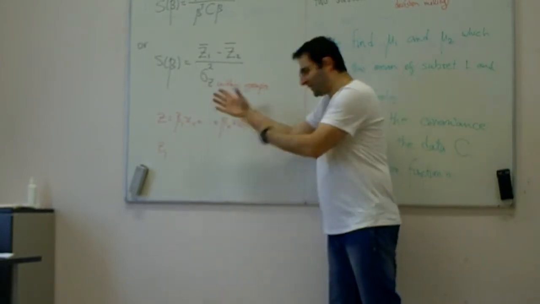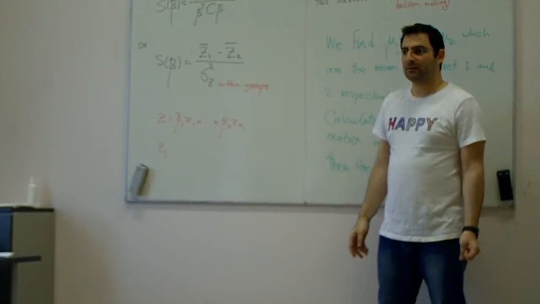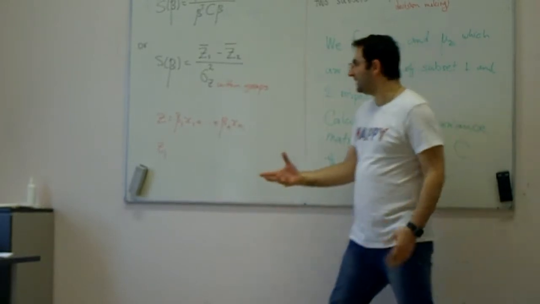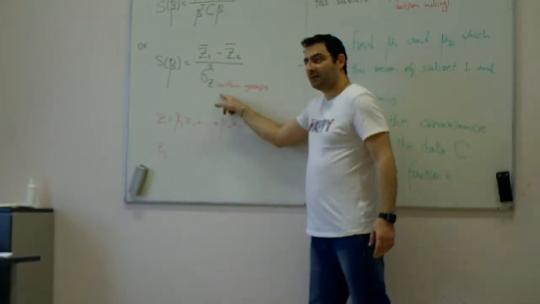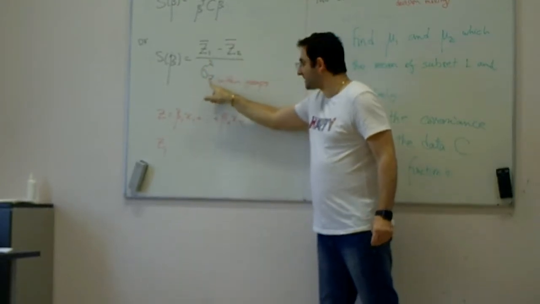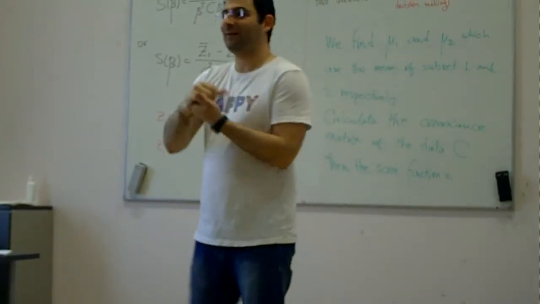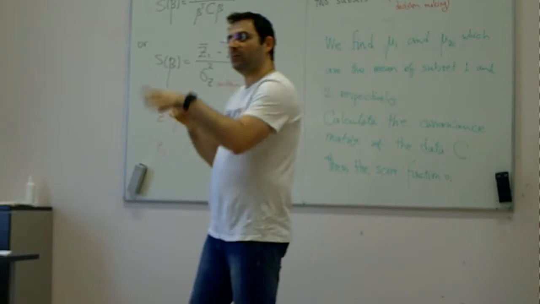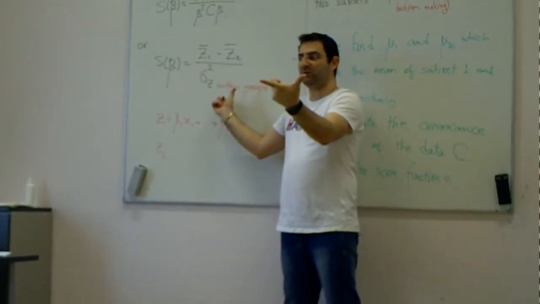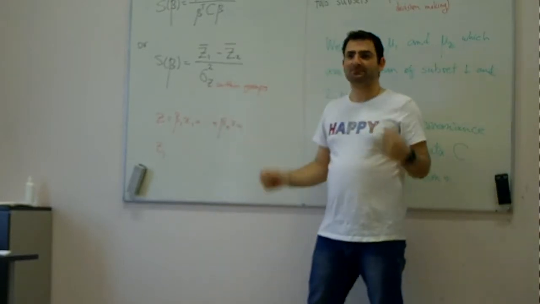It's just Z for the sake of Z. So what does it mean? Sigma square of Z within the groups of Z. What is the variance? What you said, Fatima, is correct, but this is not what I'm saying. What you said is just reading this statement, but this has an equivalent.